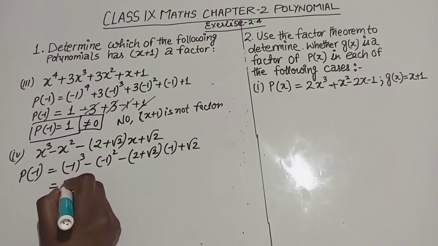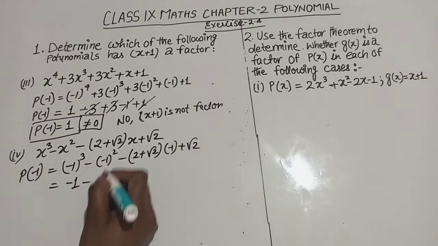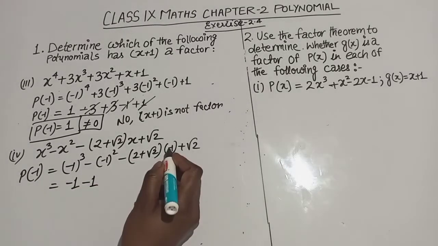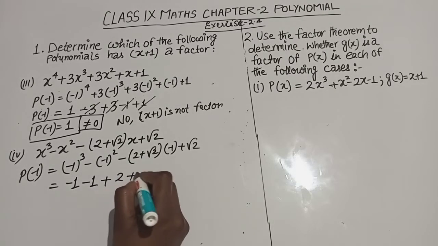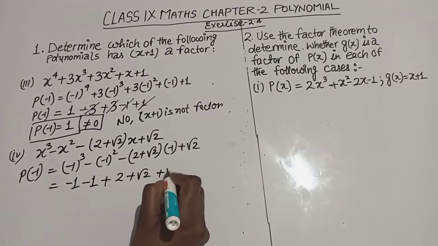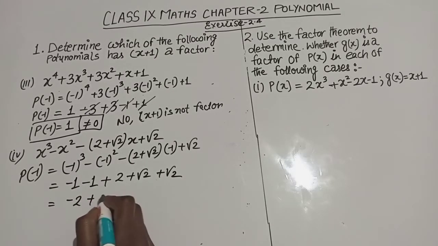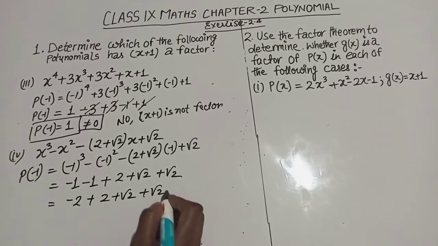Minus 1 cube is minus because the power is odd. Minus to an even power is plus. So you will open the bracket and root 2. It means plus 2 plus root 2 plus root 2.